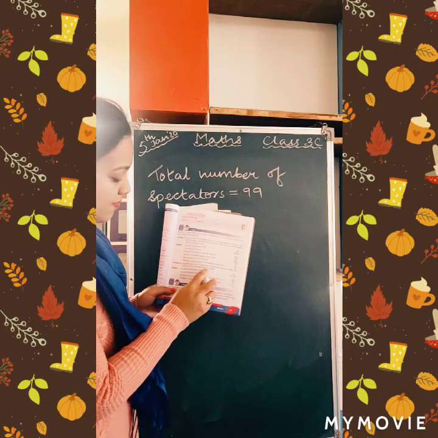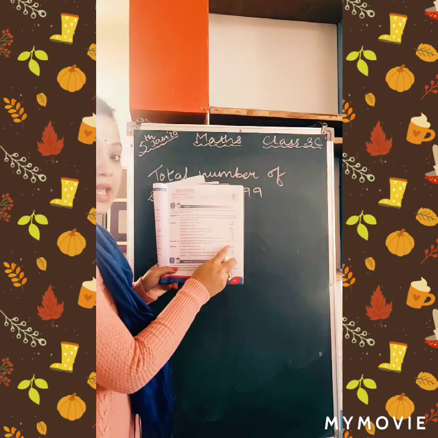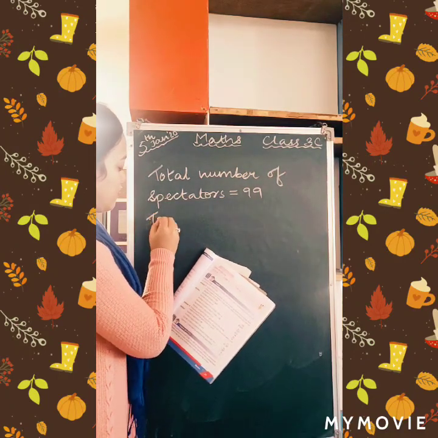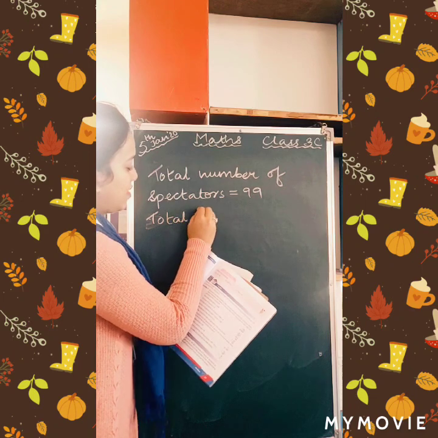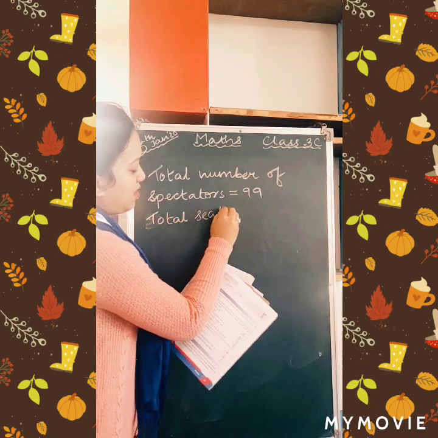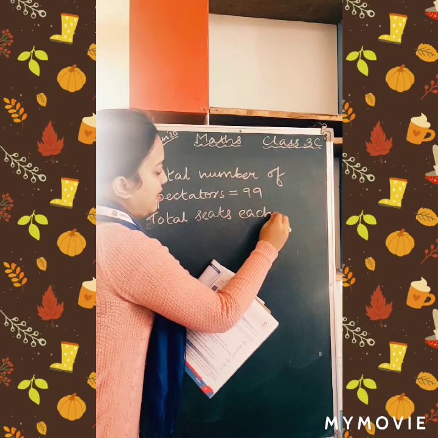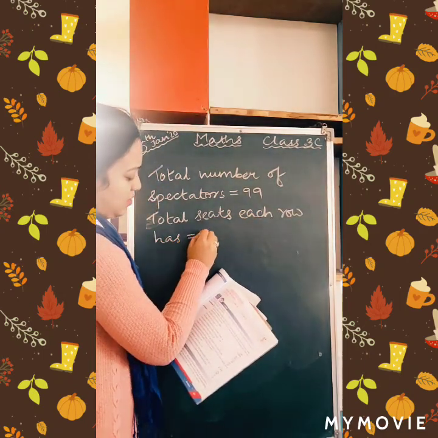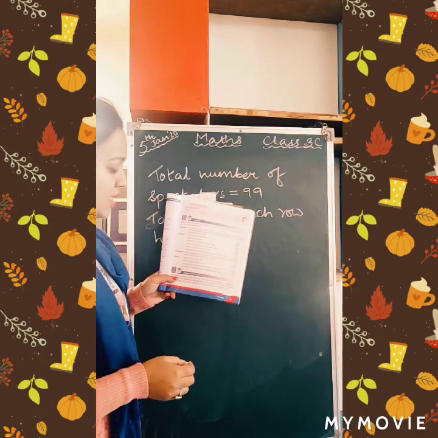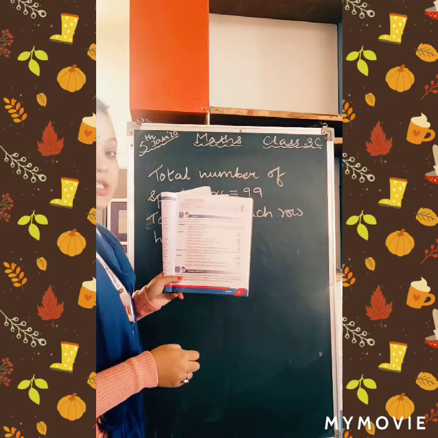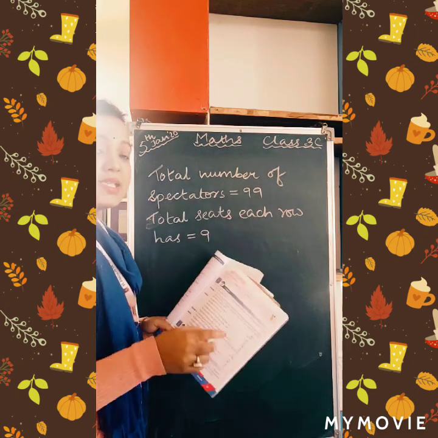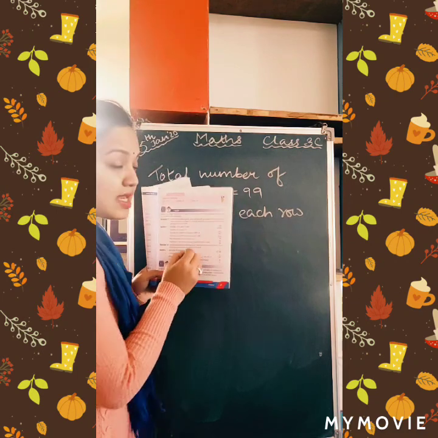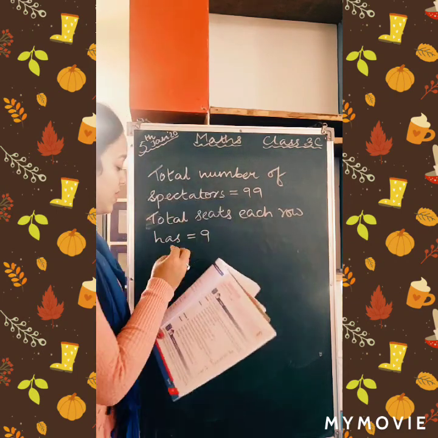Then if each row has only 9 seats, total seats each row has is equal to 9. Correct? How many rows would the spectators occupy?